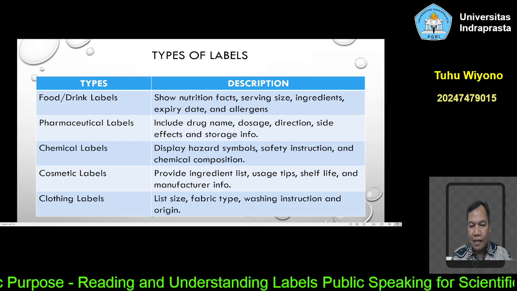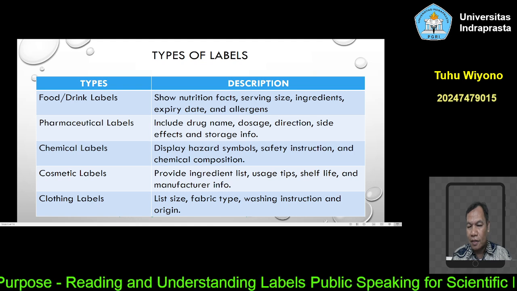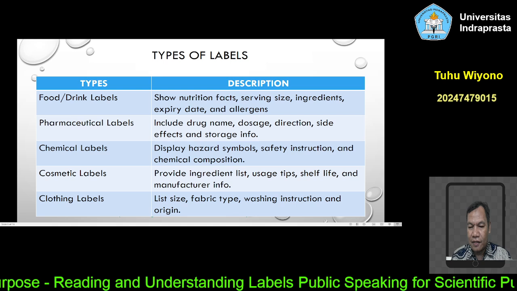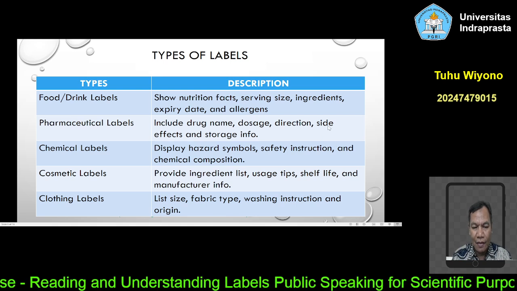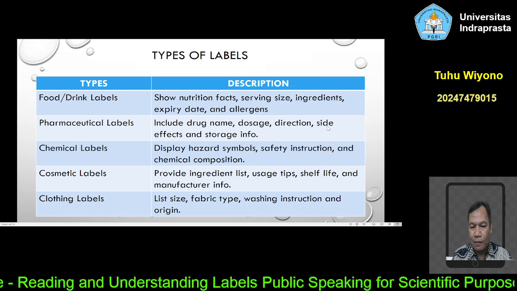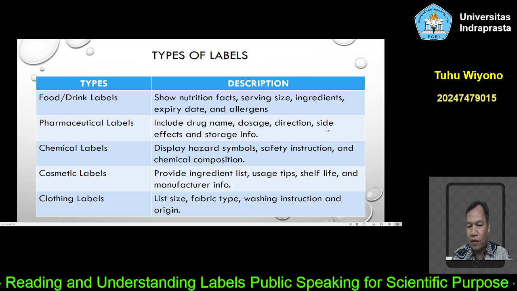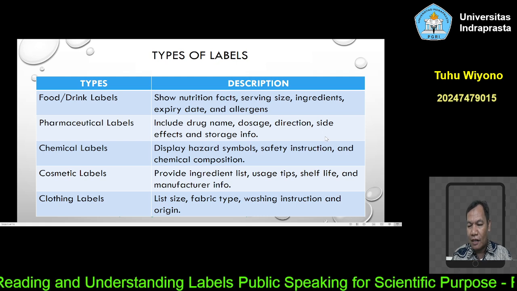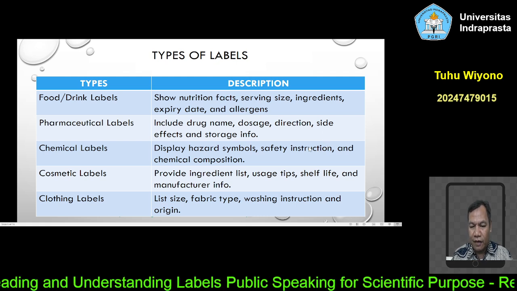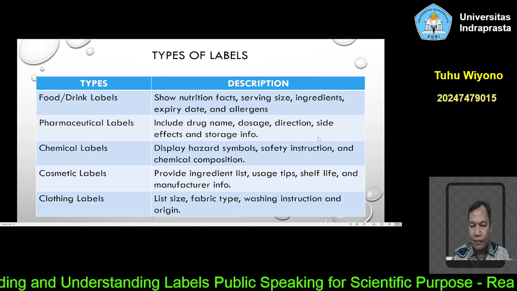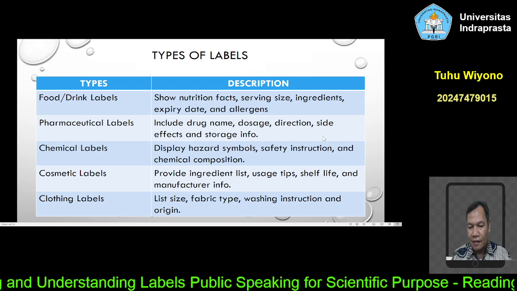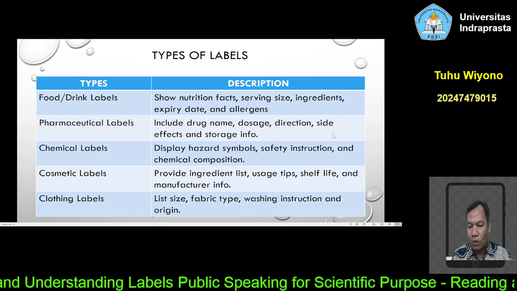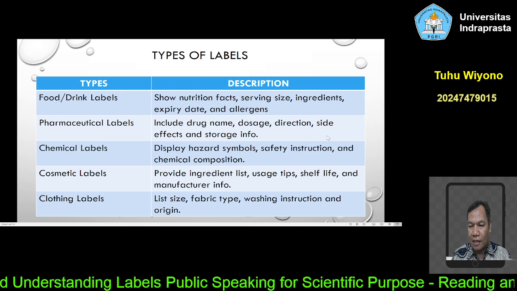Chemical labels display hazard symbols, safety instructions, and chemical composition. Cosmetic labels provide ingredient lists, usage tips, shelf life, and manufacturer info. And the last one, clothing labels list size, fabric type, washing instructions, and origin.